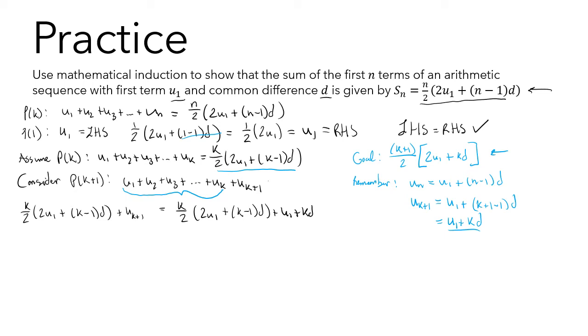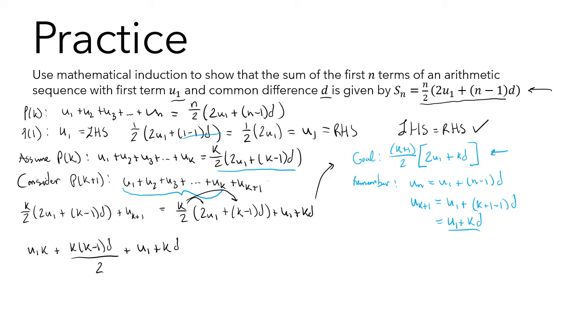Okay, so there's no perfect way of approaching it from here on out, but keep in mind I want to make this look like my goal, and if I can do that, then I show by the PMI that this is true. You can approach this different ways, but I'm just going to FOIL everything out and then re-simplify. Starting with k divided by 2 times this term and then times this term, you get u1 times k plus k times (k minus 1) times d over 2, and then that's plus u1 plus kd.